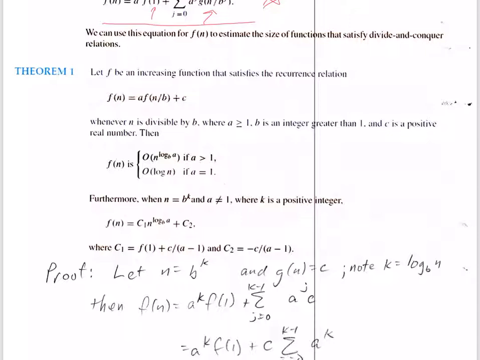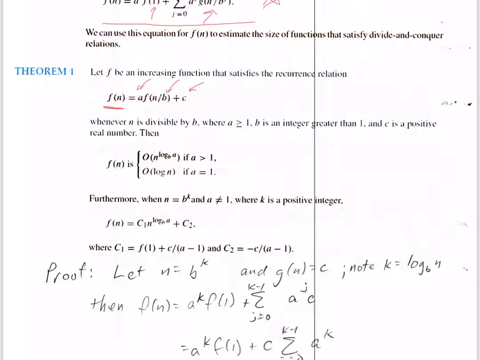For our first theorem, we're going to try to calculate the big O of a function describing an algorithm that has a subproblems, and the reduction of the problems is 1 over b. And notably, our conquer function is simply a constant c.